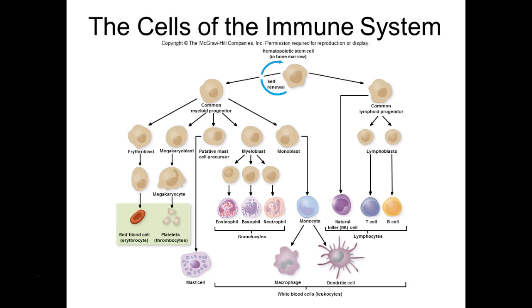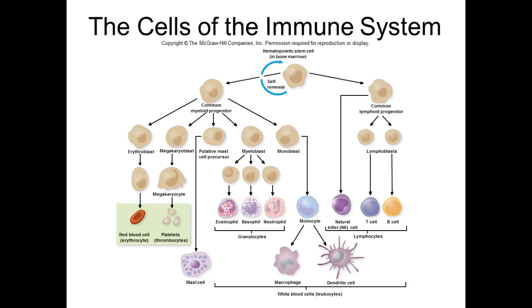Which ones of these, out of all of these cells that we talk about, have the ability to phagocytose? First of all, what is that? What's phagocytose? Eating, right? They're going to engulf it, take it inside, and digest it. So who's our eaters here? Who's our phagocytic cells?